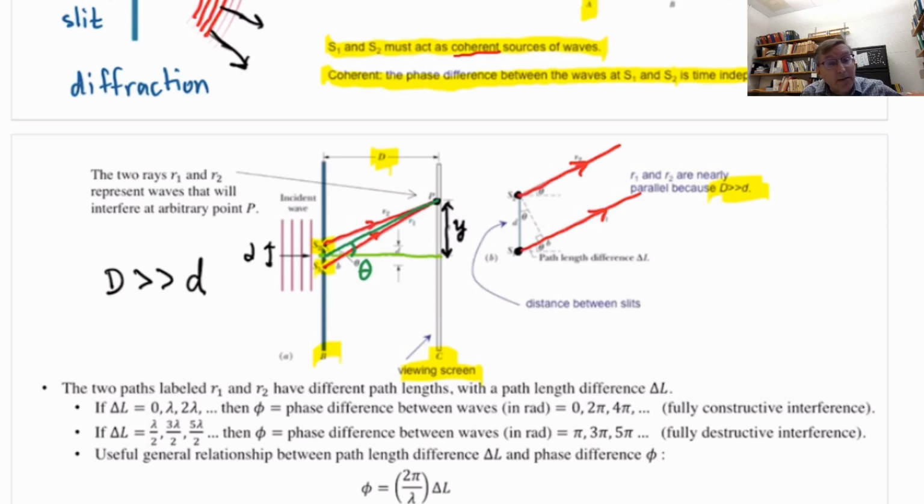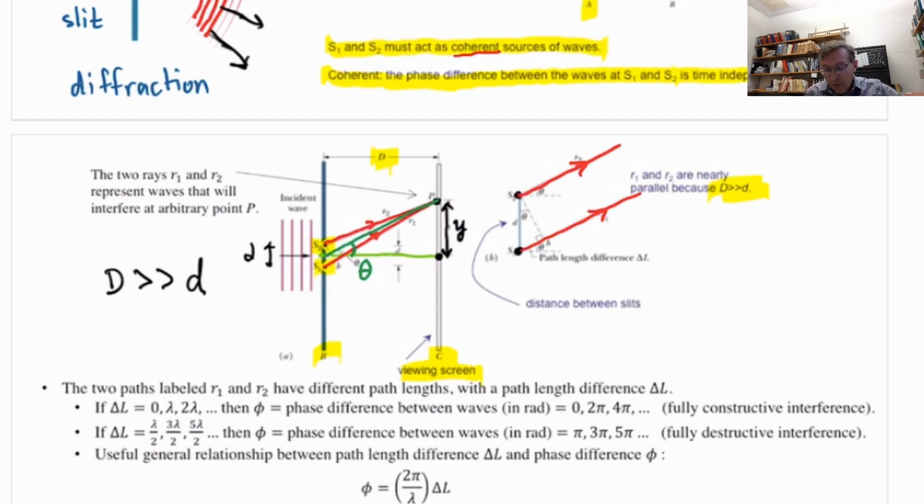And that's true no matter where point P is, except if point P is right at the midpoint there. Then the two waves do not travel different distances to get to P. But we're talking about the point P up above there.